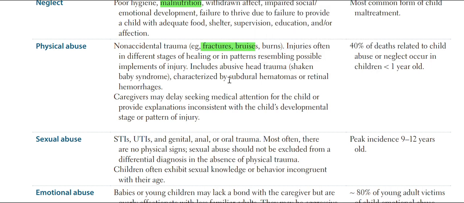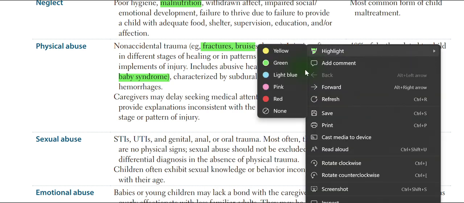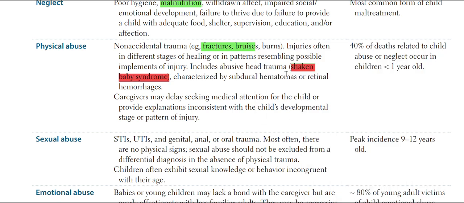Additionally, there is one specific condition called shaken baby syndrome. This is what the USMLE will go after, and you will get at least one question from this on the exam. Shaken baby syndrome is when the child is held so tightly that it actually breaks the ribs, and shaken very harshly.